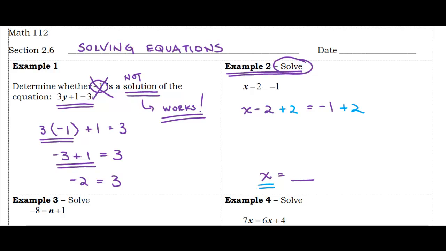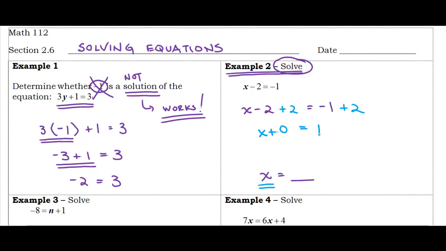Yes. What's a -2 and a +2? It's 0. What's -1 and 2? 1. Now I know. I don't have to write the 0. But I write it for a reason.